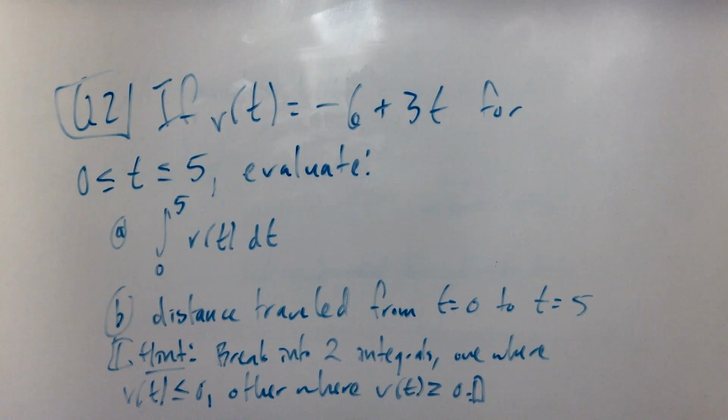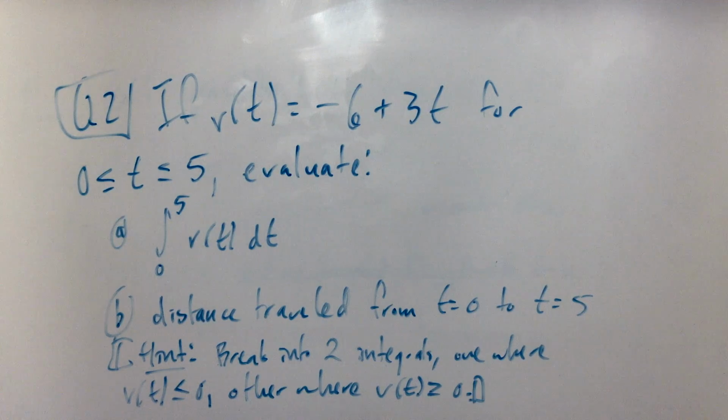So here's question 2. If v of t, the velocity of some object moving along an axis, is negative 6 plus 3t for time between 0 and 5, evaluate first a, the definite integral from 0 to 5 of v of t dt, and b, the distance that this object has traveled from time equal to 0 to time equal to 5.